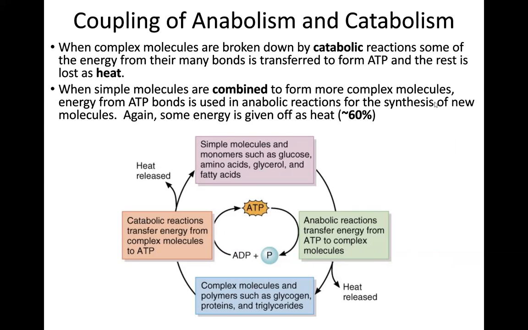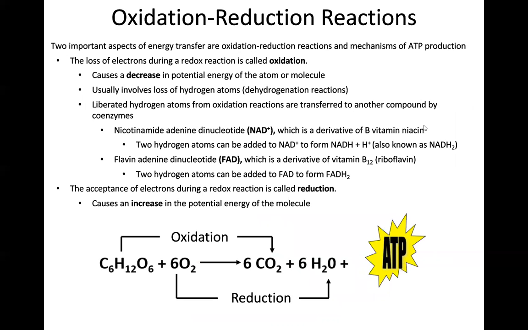So over half of the energy that we form is given off as heat. Now, that's not necessarily wasteful energy, because as you know, we're warm-blooded animals. So that heat that our body has to maintain this high body temperature comes from those processes.